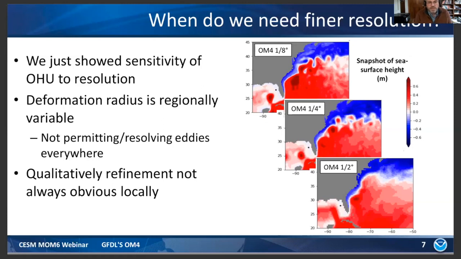Qualitatively, you'll see that between the quarter-degree and eighth-degree, it'd be hard to tell the two models apart because they're both eddying pretty much as each other. So there's a qualitative change when you go from half-degree to quarter-degree. The benefit from going from quarter-degree to eighth-degree doesn't appear to be so obvious, and yet we saw that there is a change in the efficiency of the eddies as we go to the next resolution. So let's jump to the next slide.